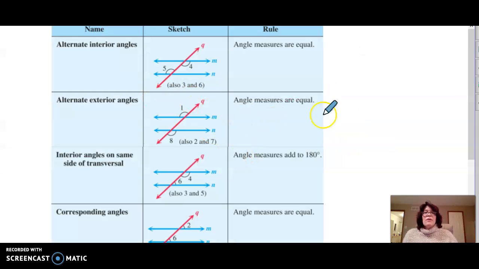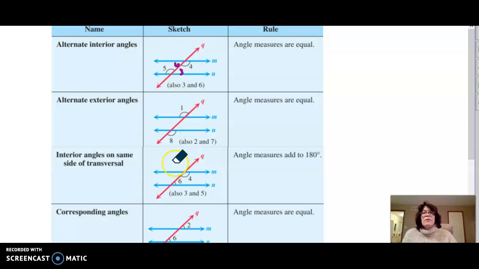In that we have some that are equal. Alternate interior angles are equal. They're on the inside of the parallel lines, and they alternate opposite sides. So these two are equal, and similarly 3 and 6 would be equal as well.